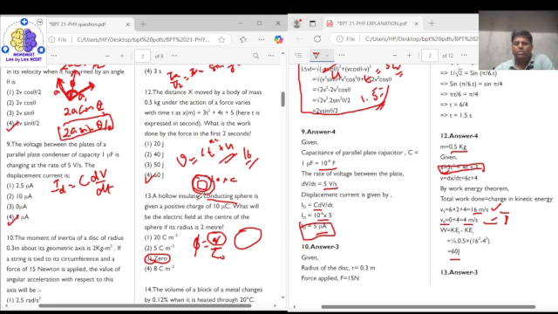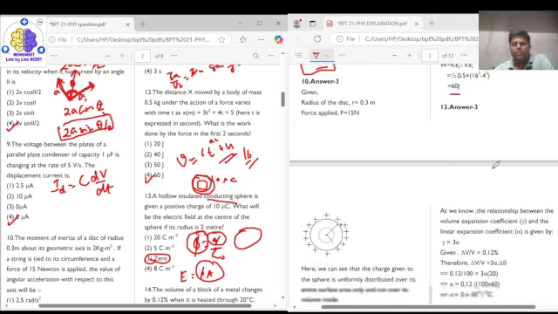Because there is no charge enclosed, the flux linked there will be equal to 0. And because flux is equal to 0, E will also be 0, because phi is equal to E into A. So your electric field will be equal to 0 inside the conducting sphere.